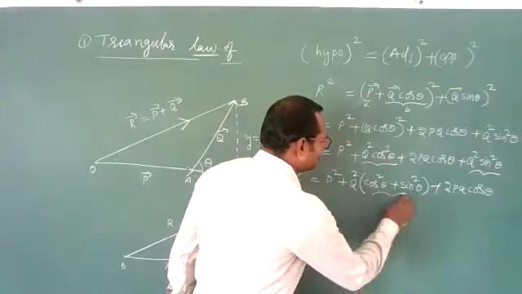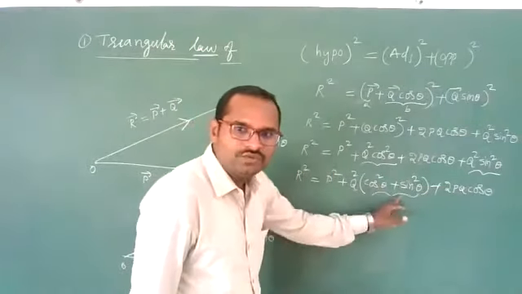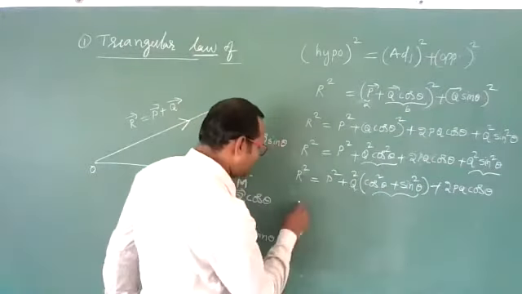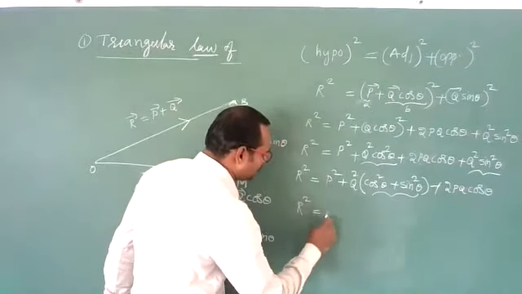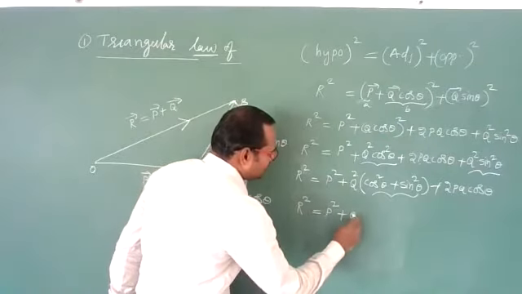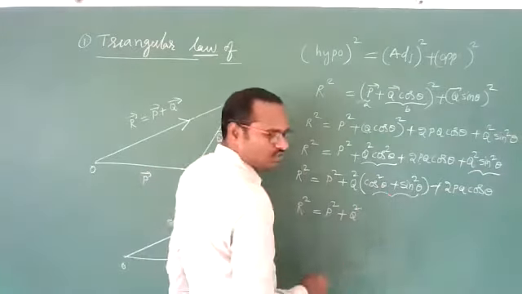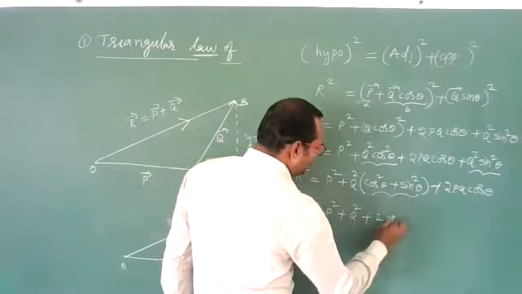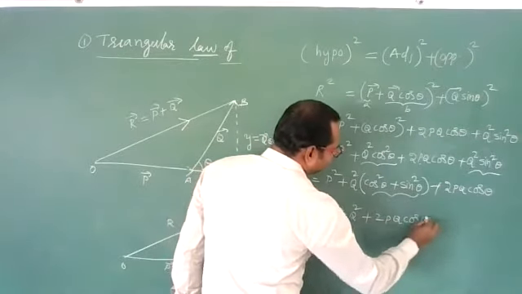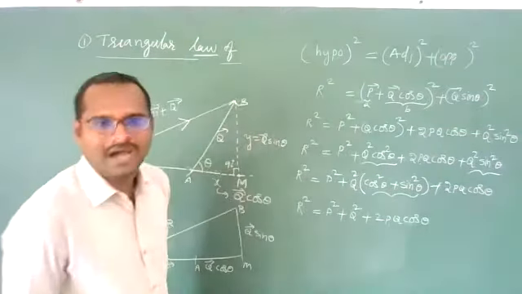This total value together is 1. 1 into Q square is Q square. Let us write R square is equal to P square plus Q square plus 2PQ cos theta.